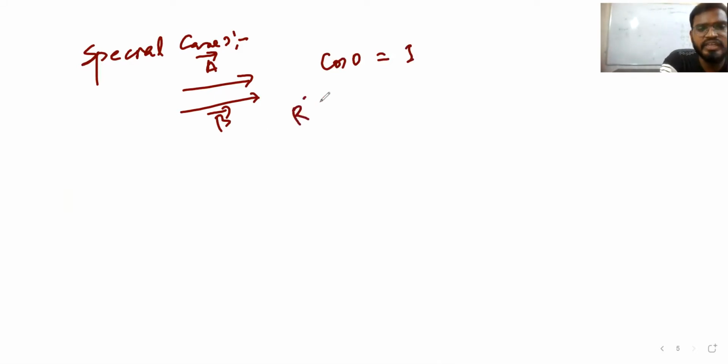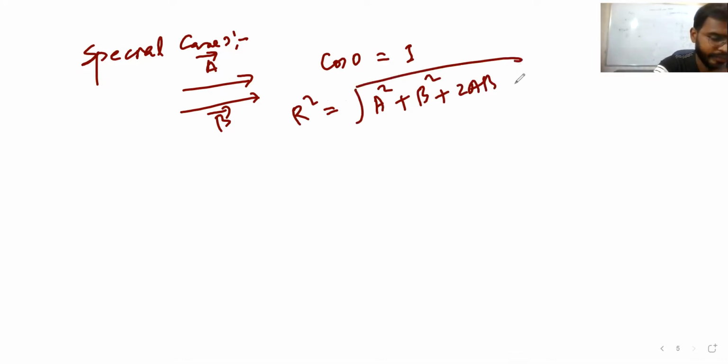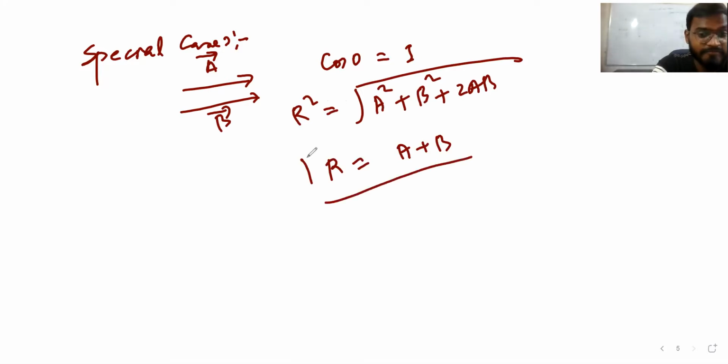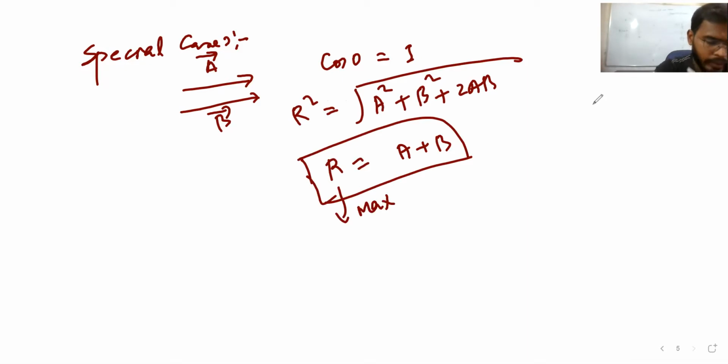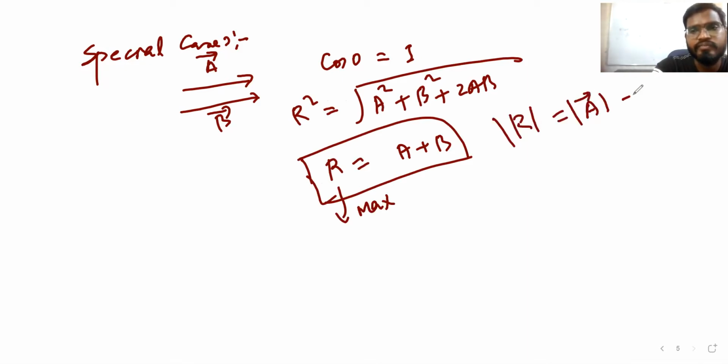So we can say the resultant formula is going to be a square plus b square plus 2ab, cos 0 is anyway 1 only. So from here we get the resultant is equal to a plus b, the maximum. Or they can write like this, vector a magnitude plus vector b magnitude.